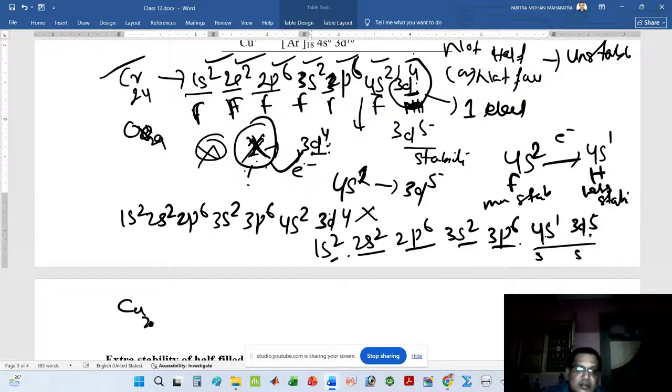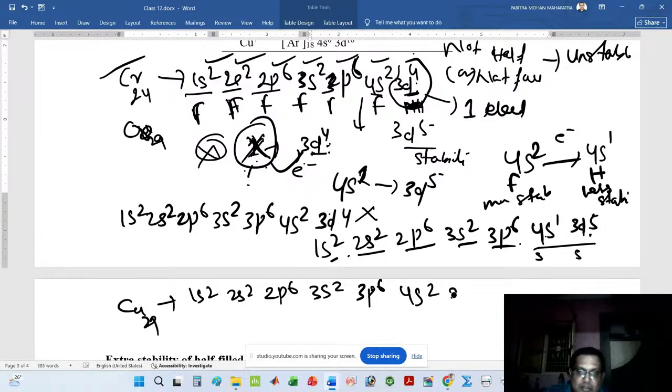If you think about copper, copper has 29 electrons. Here you can write 1s2, 2s2, 2p6, 3s2, 3p6, 4s2. That is your 3d9. Same style. Here in chromium 3d wants a half filled orbital, here 3d wants a fulfilled orbital.